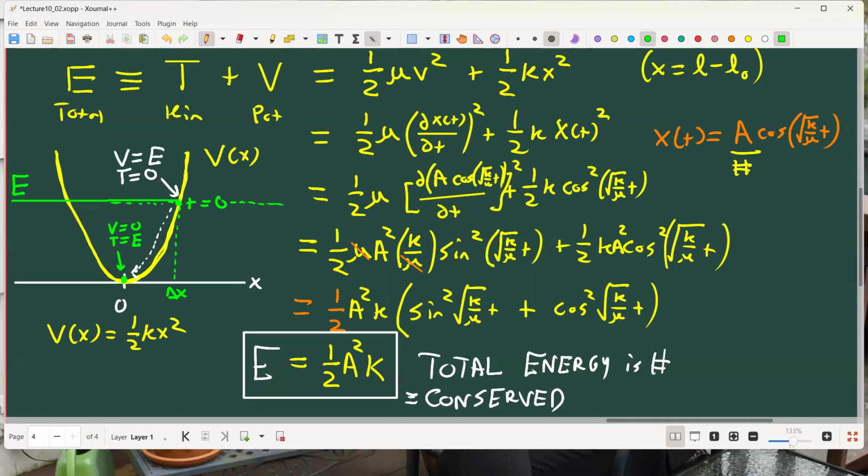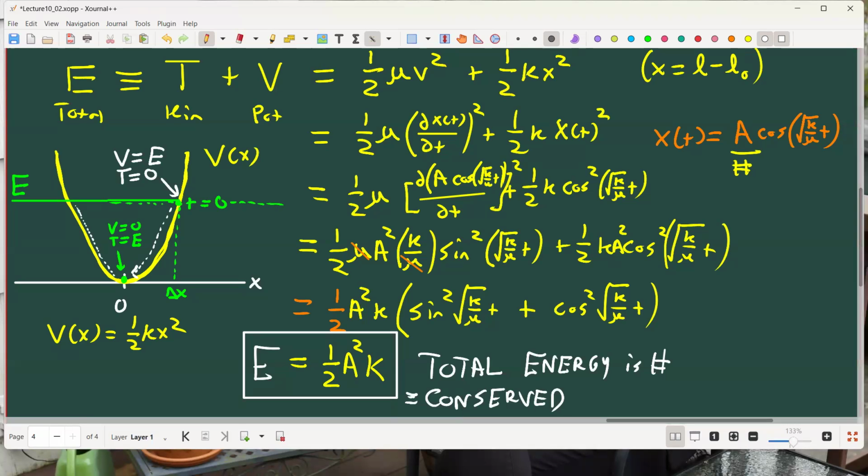I've stored energy into the spring, let it go, and as the spring compresses, it converts potential energy into kinetic energy. Then the opposite happens as it goes back up.